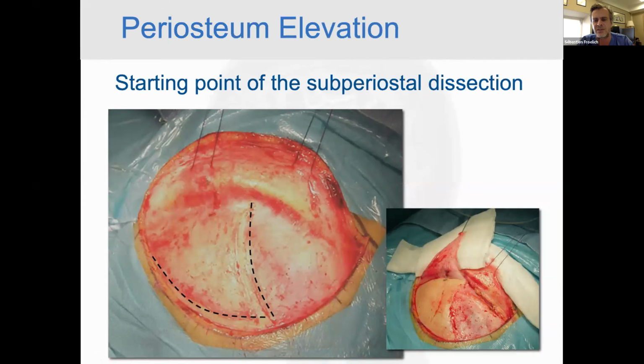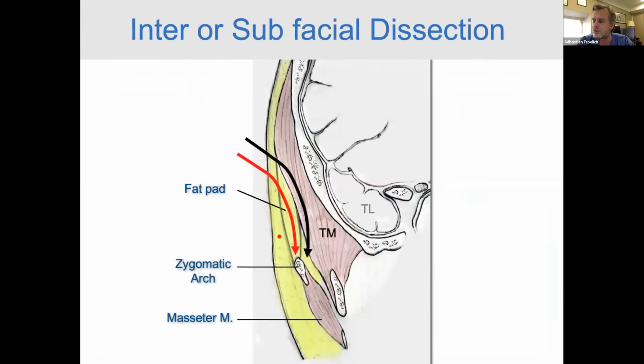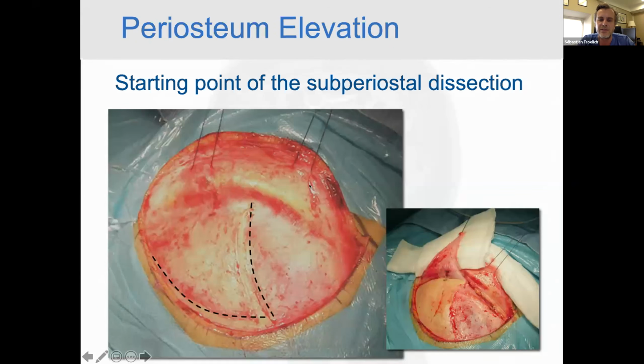Once you have elevated the skin flap, you elevate the periosteum here. Classic way, I think we all do that. It's always good in skull-base surgery to have this tissue intact, to be able to replace the dura post-op if needed. Then you need to separate the skin flap from the temporalis muscle, because we will retract the skin flap anteriorly, the temporalis muscle posteriorly, and we have to expose here the lateral rim of the orbit.